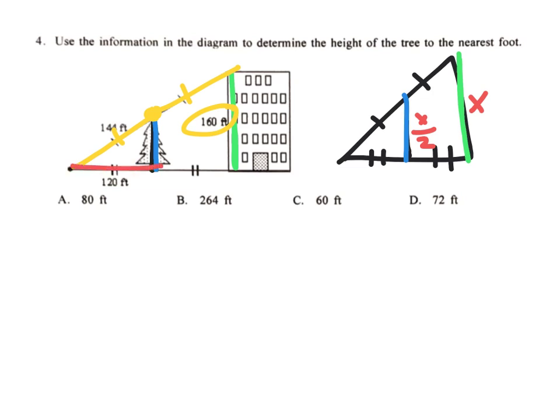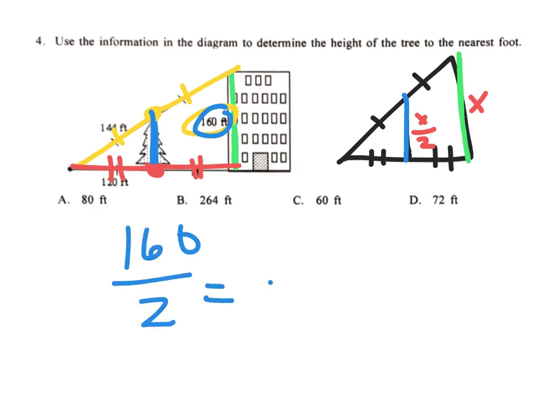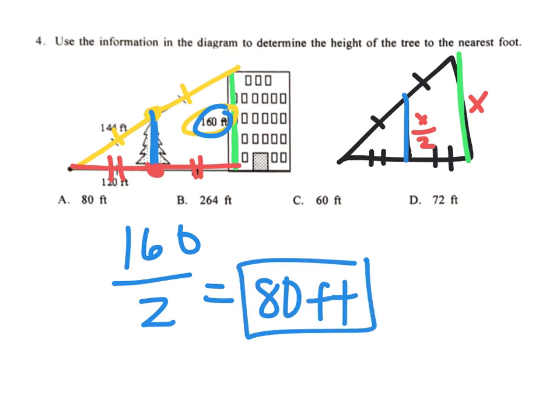And this segment is congruent to this one. So this right here is also a midpoint. To find the length of that blue guy, we're going to take 160 and divide it by 2. When I divide it by 2, I get 80. My units are going to be feet. So my final answer is going to be A. And that should take you through numbers 1 through 4.